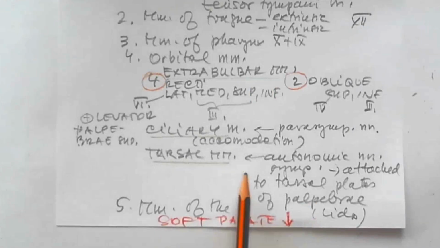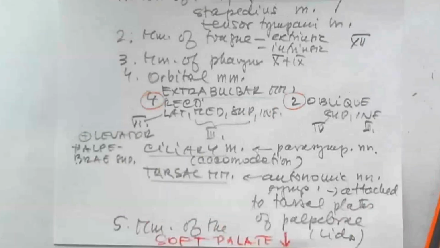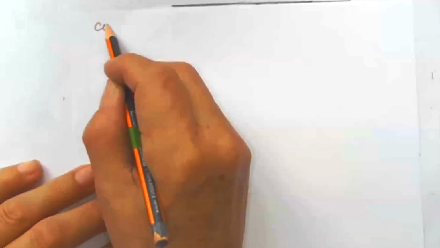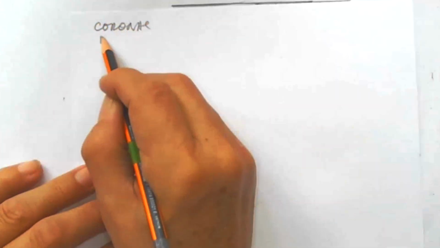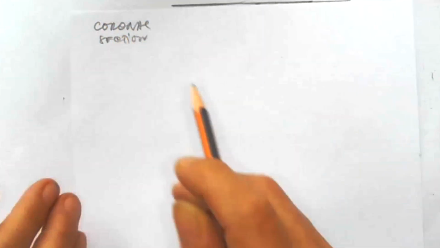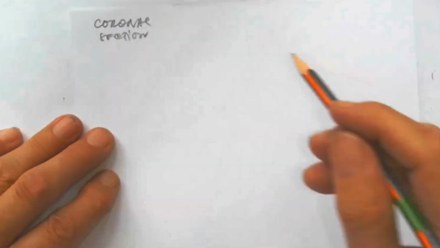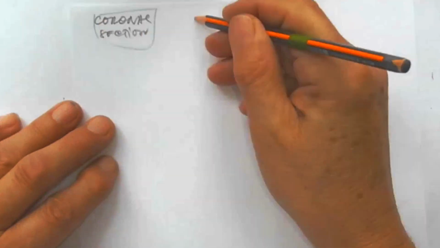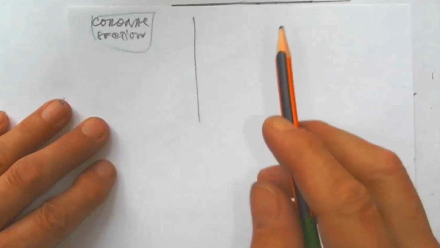Concerning the muscles of the soft palate, easy to see. These muscles, one drawing. What do you think about the coronal section? Quick view, coronal section. Looking at time, good. Concerning the muscles of the soft palate, half as usual.